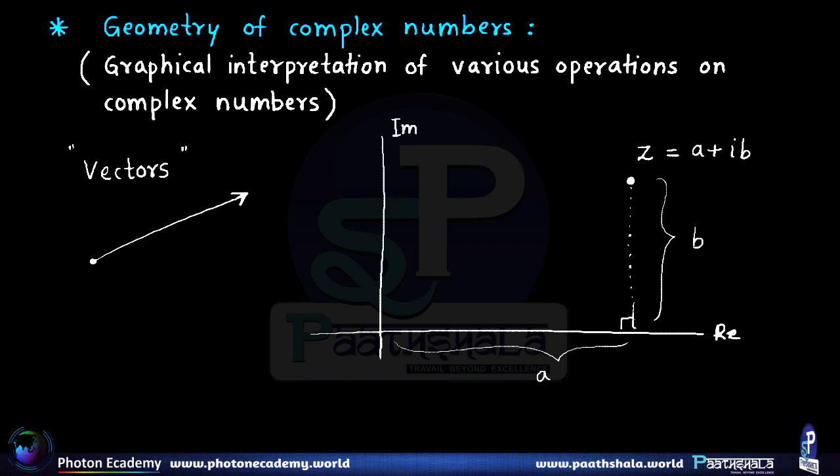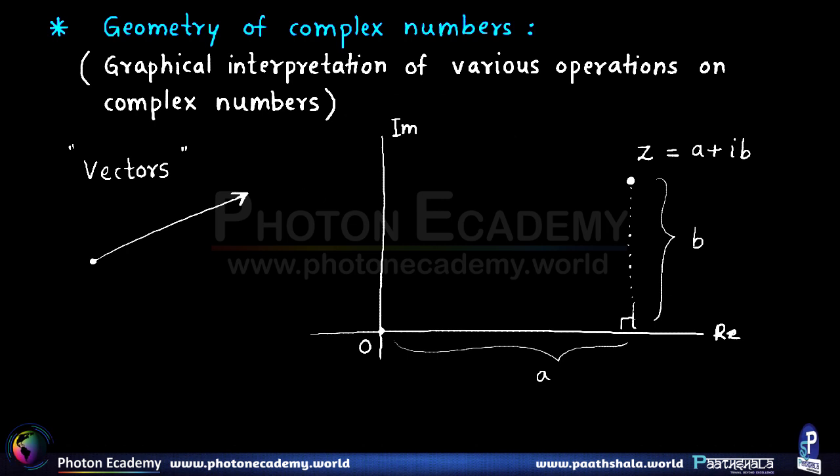Alright, now this complex number can be also considered as a vector starting with origin, which is nothing but number 0, and terminating at that particular point. So that means if we think of a complex number as a vector, then this is how it will look like.